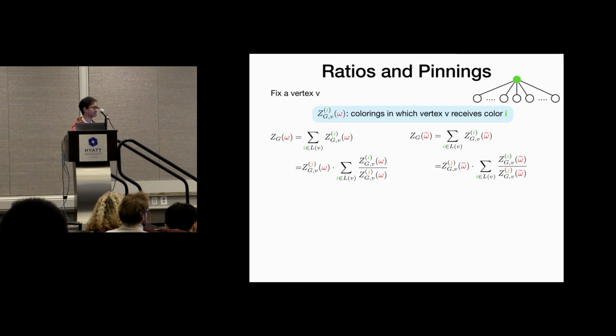In this way, we can write the partition function as summing over all possible colors assigned to V, and summing similarly for W tilde, we can write this out.